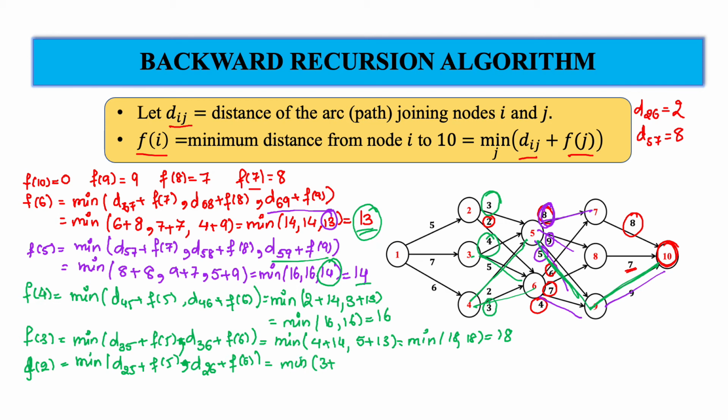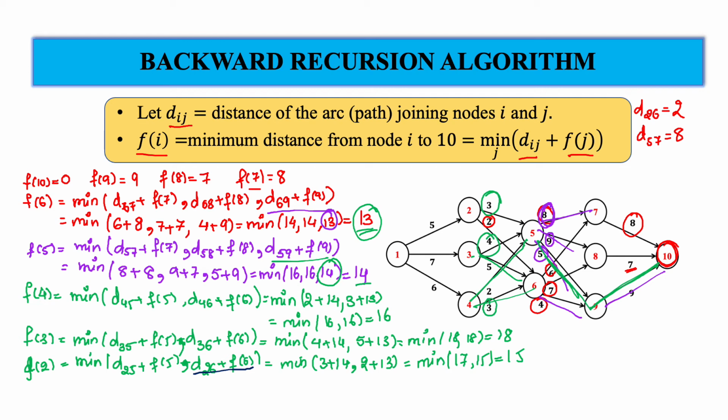D5 is what, 14, and next D2 to 6 is 2 plus 13. So you have to find minimum of 17 and 15. So which one is minimum? 15. And how you are getting that 15? You are getting from 2 to 6. So from 2 to 10, what is the minimum path? You will go from 2 to 6, 6 to 9, 9 to 10. Okay.